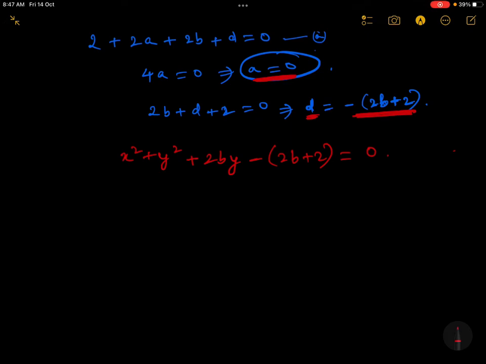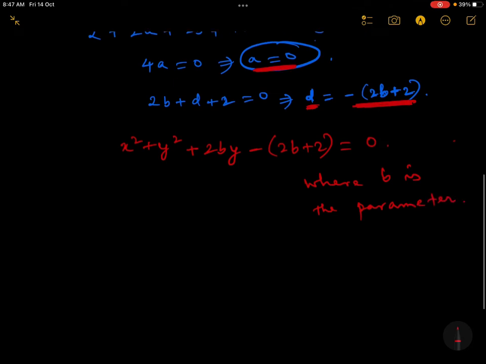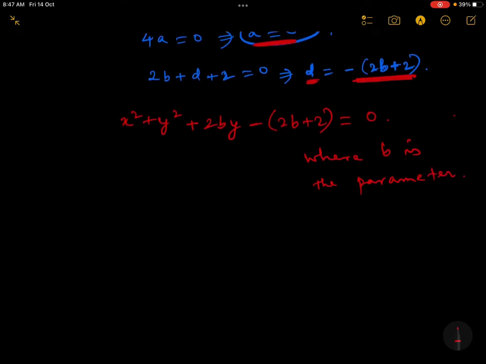This b is called the parameter. Single parameter we have now, and let us start differentiating this equation with respect to x, we get 2x plus 2y dy by dx, y1, let's say, plus 2b y1.